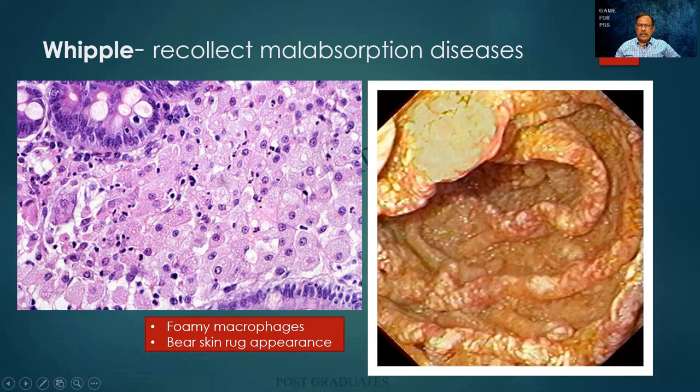A bacterial etiology has been assigned to this. And there can be PAS positivity in this. Foamy macrophages. And the surface itself, you find that there is some kind of an atrophy, and it appears like a folded rug or a bare skin rug appearance given in the earlier editions of Robbins. A bare skin rug appearance, foamy macrophages, classical of Whipple's disease.